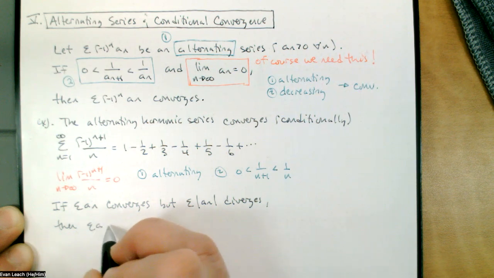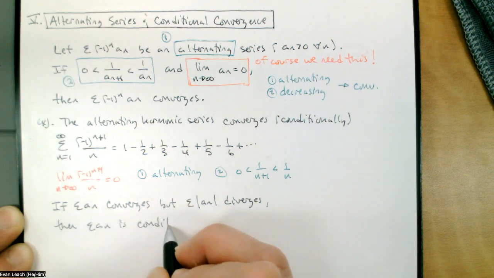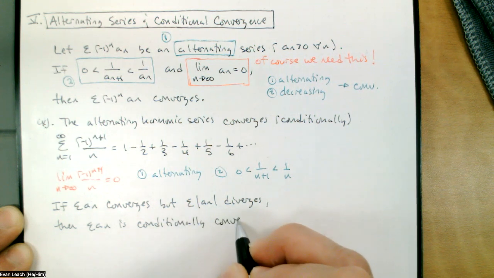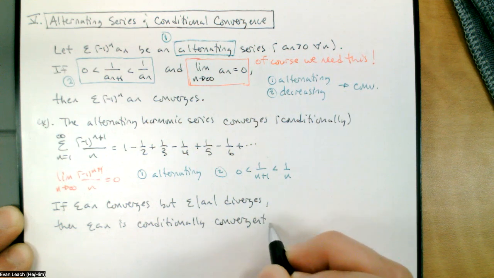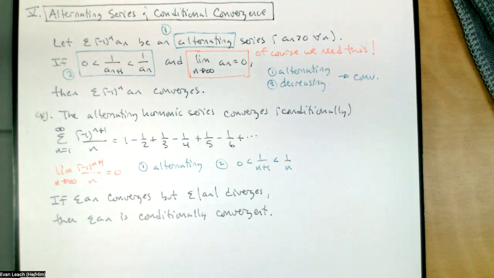Then the series is conditionally convergent. So the alternating harmonic series is conditionally convergent. The alternating harmonic series converges, but if we take away the alternating part, the series diverges.